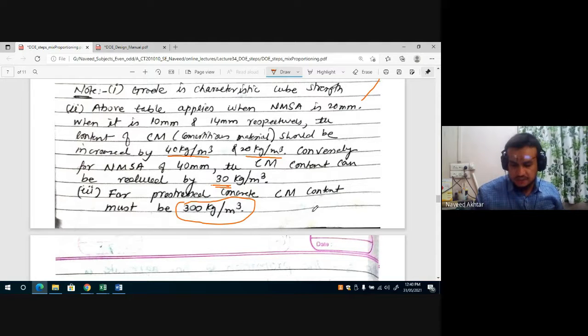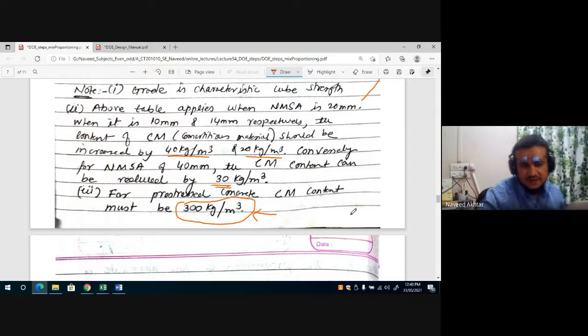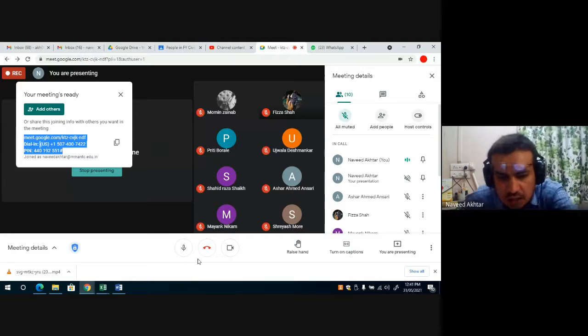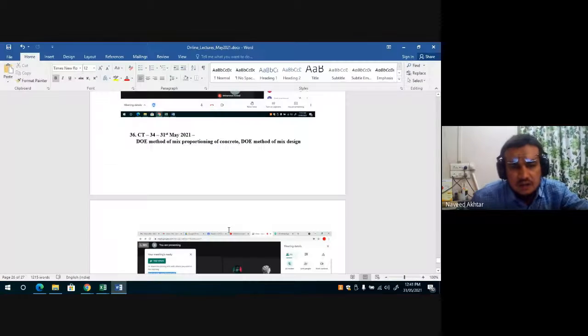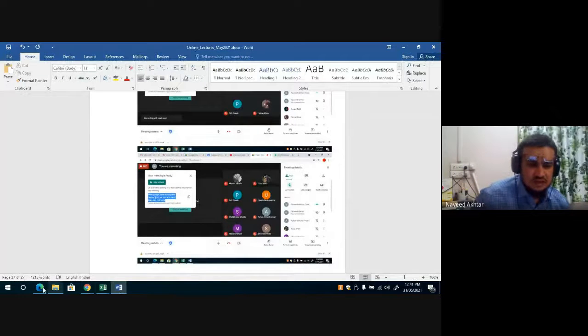So this is step number 4, where we find out the cement content and check it for the maximum and minimum requirements as per the British standard. We are using the British code for mix proportioning. That is step number 4.